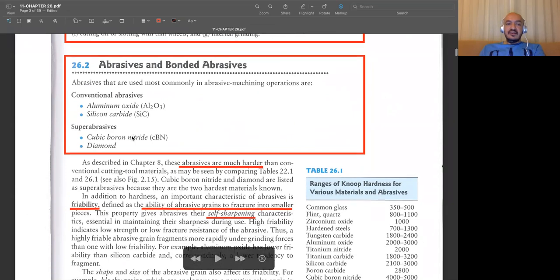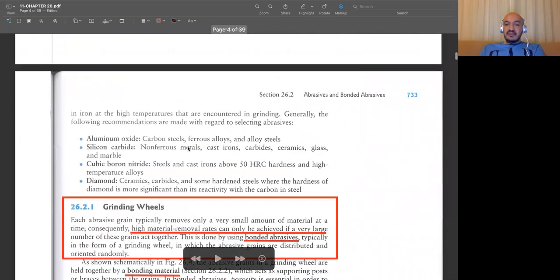Depending on the type of workpiece you want to grind, you should go with one of them. If it's carbon steel, ferrous alloys, or alloy steel, so if it contains some iron inside, then you should go with aluminum oxide. But for non-ferrous metals or other types of materials, silicon carbide is a better option.